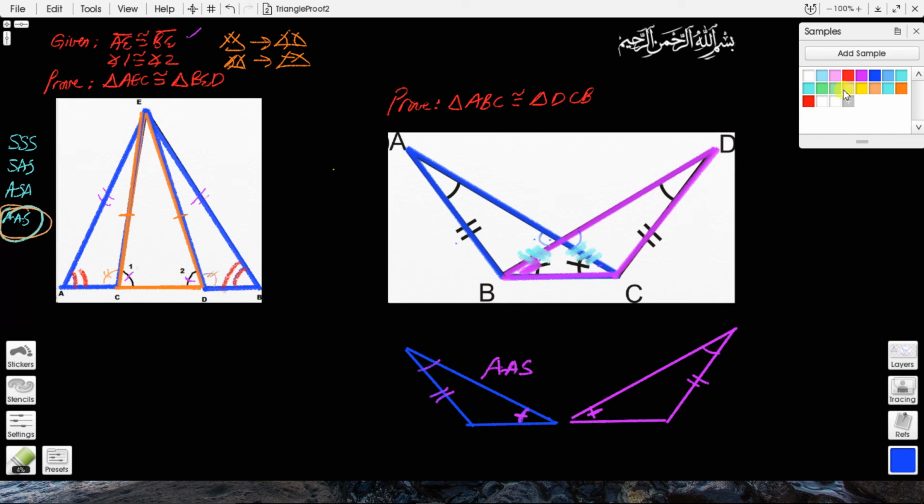Once you prove those two triangles, you can prove this to be congruent to this because corresponding parts of congruent triangles are congruent, CPCTC. Then you can say this angle is congruent to this angle, which corresponds to this angle over here. Then you can use angle, side, angle to prove those two triangles congruent.